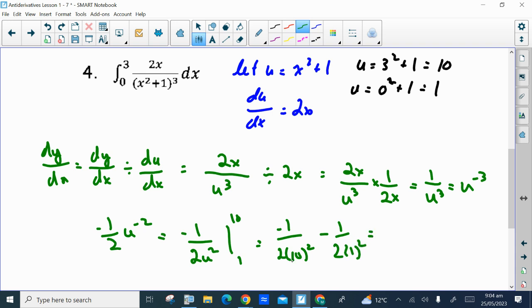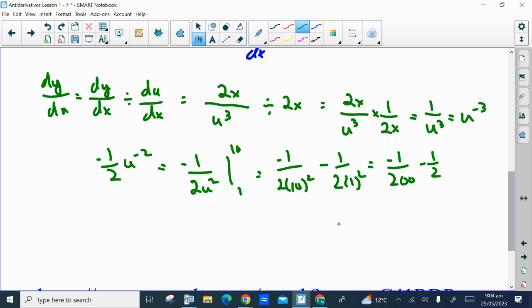So 10 squared is 100 times 2 is 200, so negative 1 over 200 minus 1/2. So our common denominator there will be 200. It'll be negative 1 minus 100.